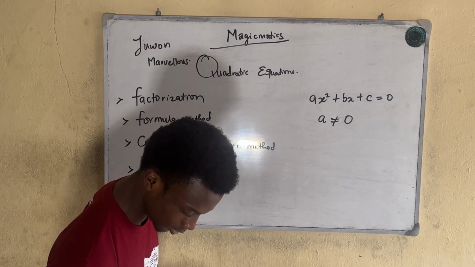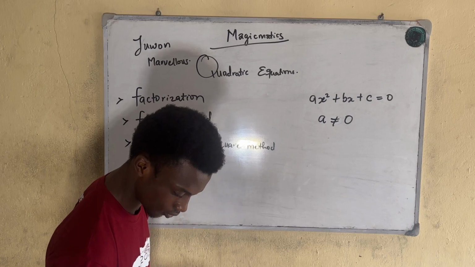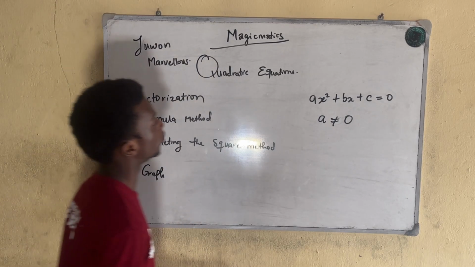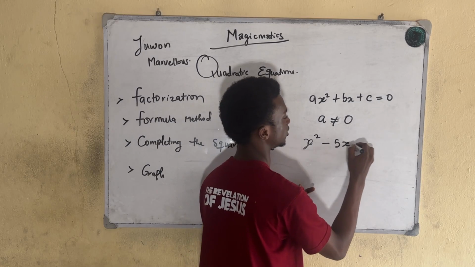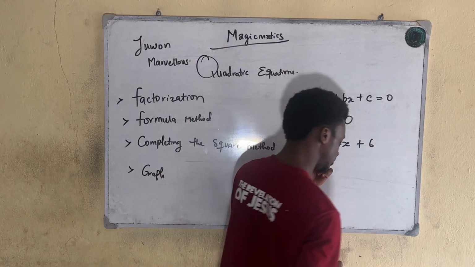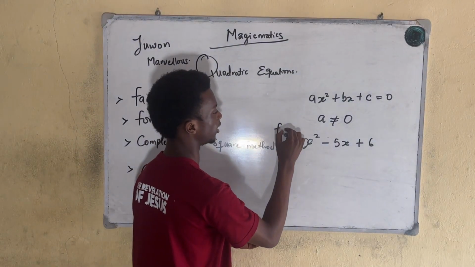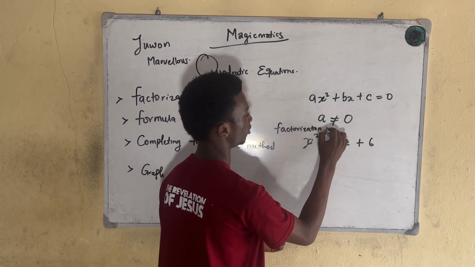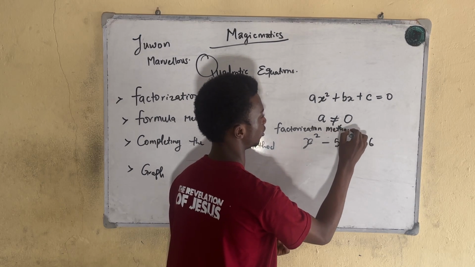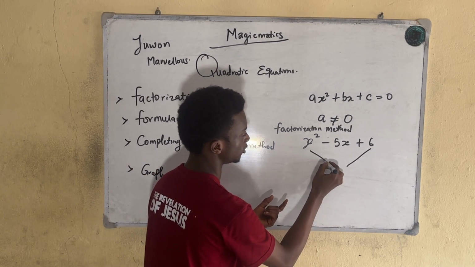Now, let's see some questions. We have x squared minus 5x plus 6. Factorization method. What I like to do is draw a line that comes here like this.